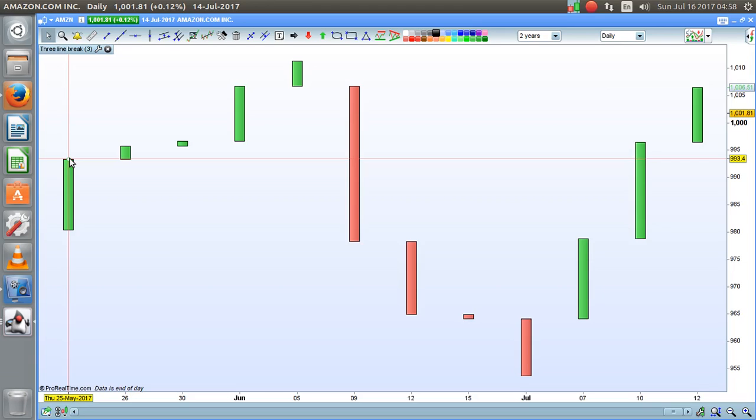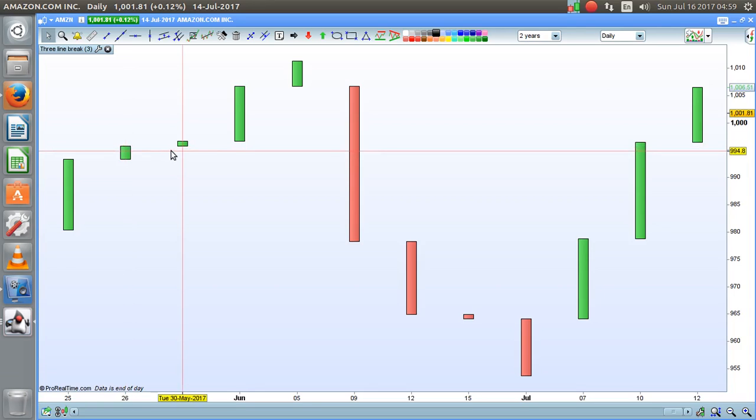It's closing at 993.40. On May 26th, it closed even higher, so we draw another bar. It closed at 995.80. On Tuesday, 30th of May, it again closed higher, so we go up again, and that's why bars were drawn, because it went up on the closing price.